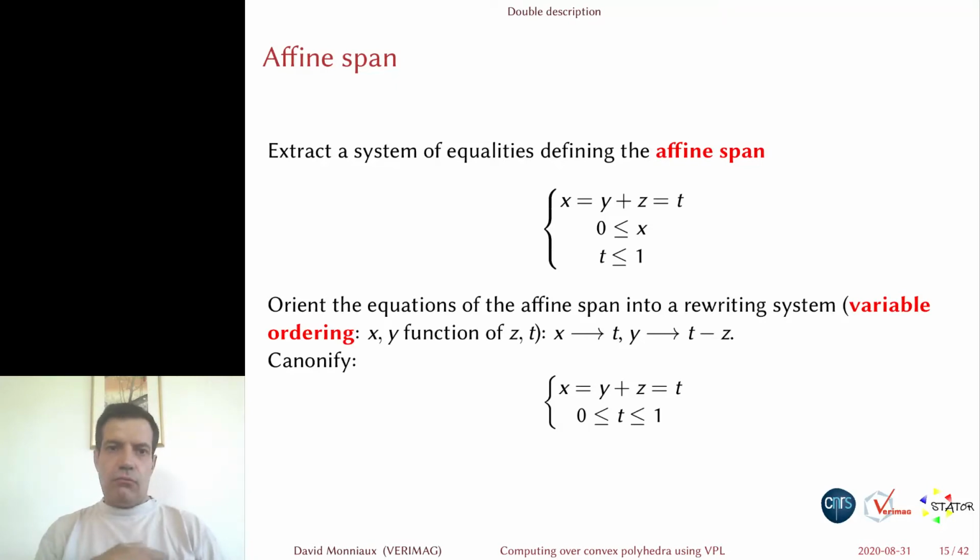So you decide, and this is arbitrary, that x comes before y, that comes before z. And then you can use these equations as a rewriting system, and you can apply this rewriting system in your inequalities. And in this case, you again have irredundant representation. So once you decide on an ordering of the variables, then you still get the uniqueness of representation, which is a very important property.